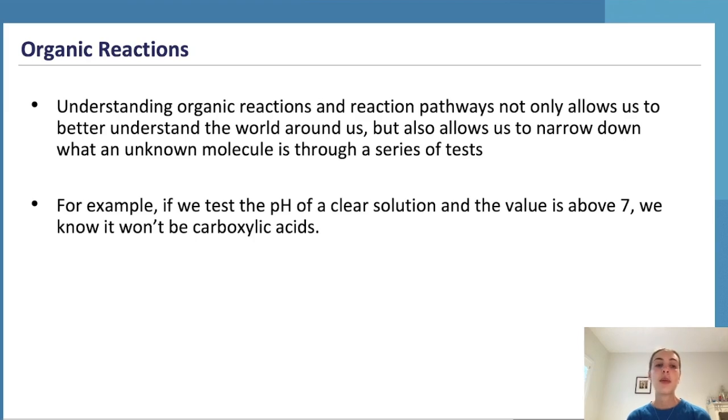So for example, carboxylic acids are obviously an acid, so they're going to have a pH below 7. So if we test the pH and the pH is above 7, we know that's basic, it's not going to be a carboxylic acid.